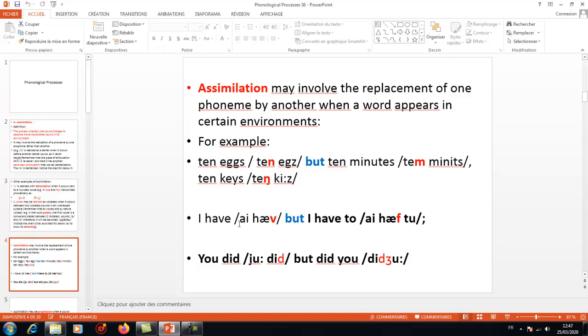Now, in the word I have, v is a voiced sound. Of course, we know it's fricative and it's labiodental. But in the phrase I have to, this v tends to be changed into or replaced by f, a voiceless one, because this sound is followed by a voiceless stop, which is t here.